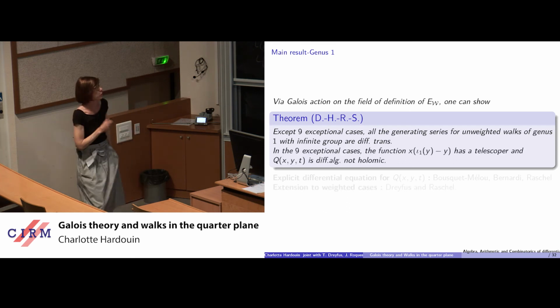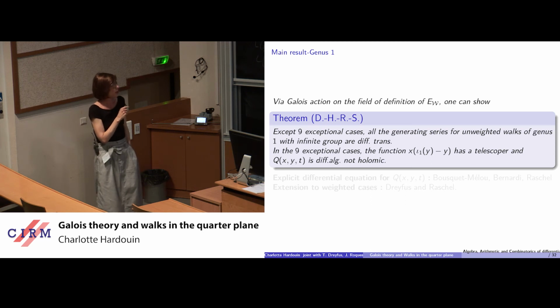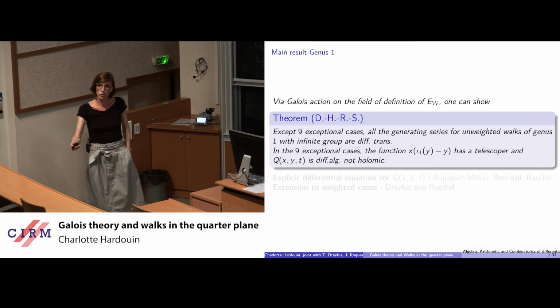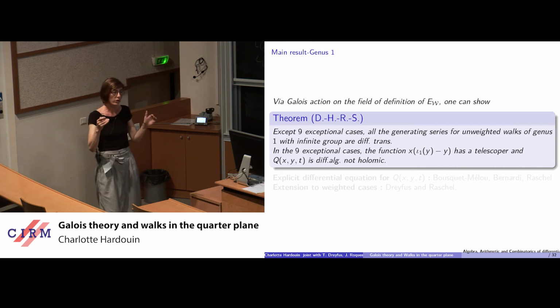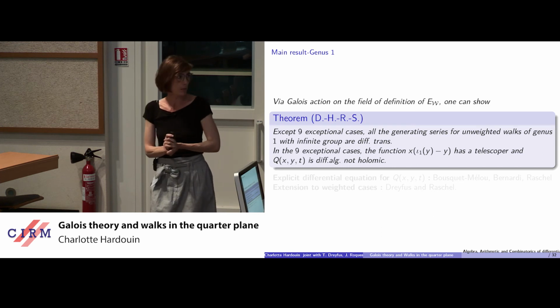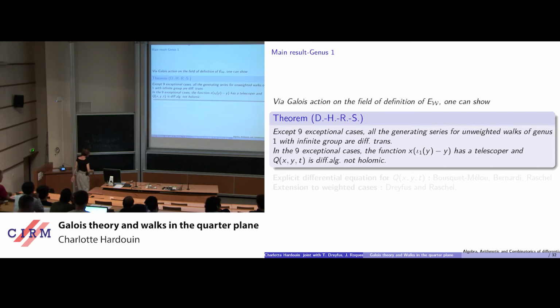And in the 9 exceptional cases, the function we are interested in has a telescoper, and so the generating series is differentially algebraic because you can control the constant in that situation, but we can show that it is not holonomic.